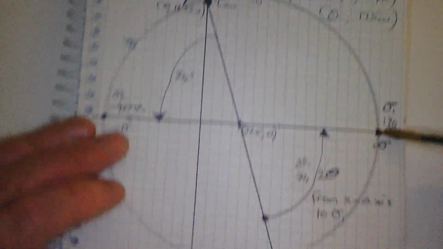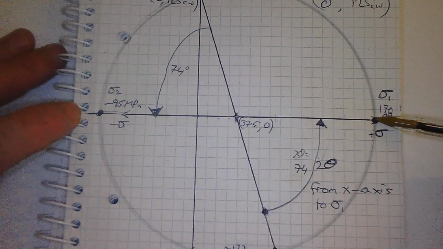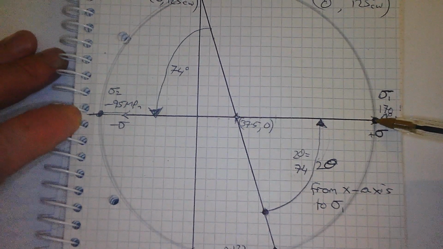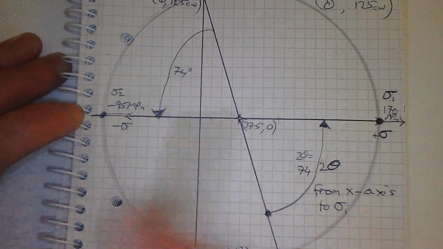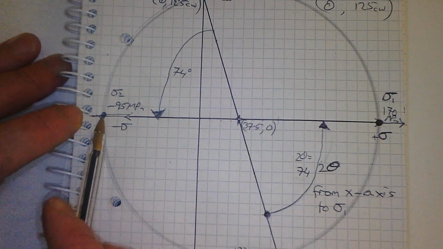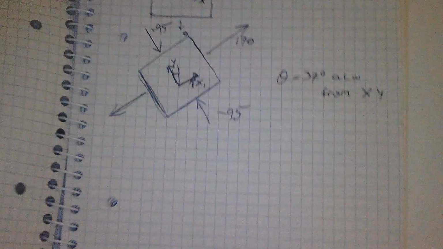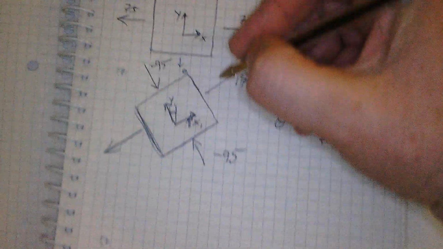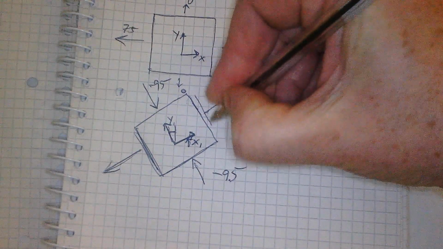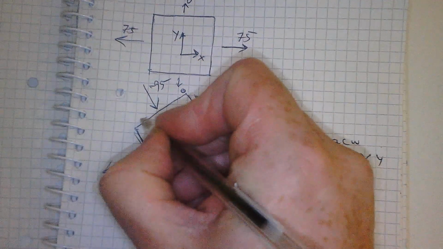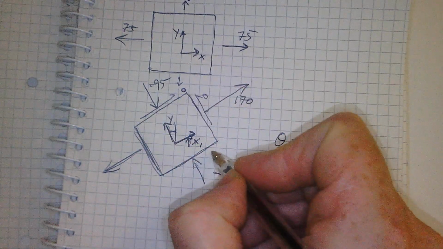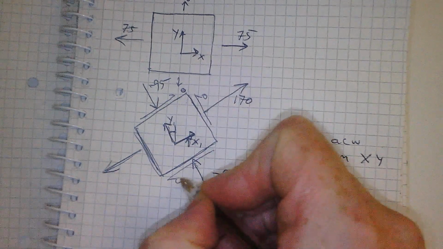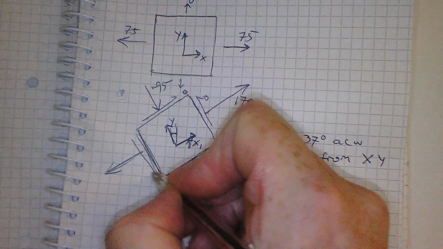Just at the very right-hand side of the circle, what's the shear stress at this point? Zero. And likewise, what's the shear stress over here? Zero. I haven't drawn them in here, but your shear stress here would be 0, 0, 0, and 0.